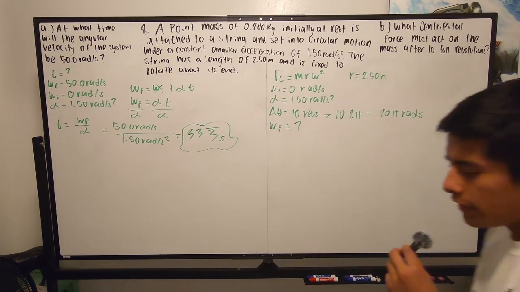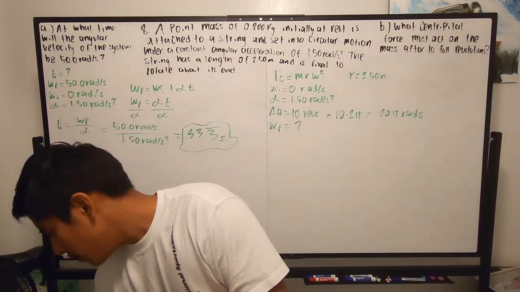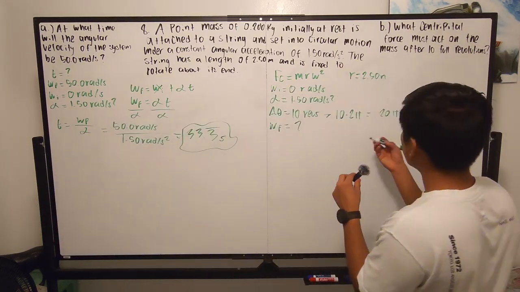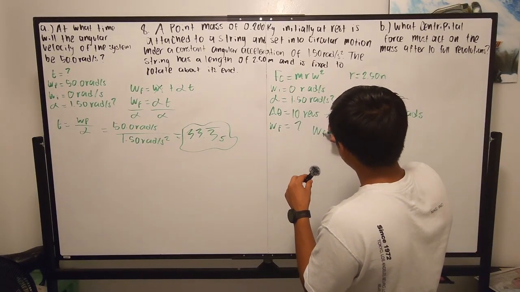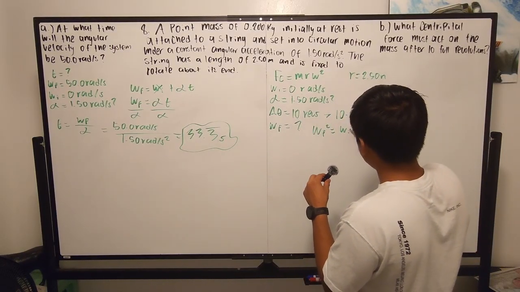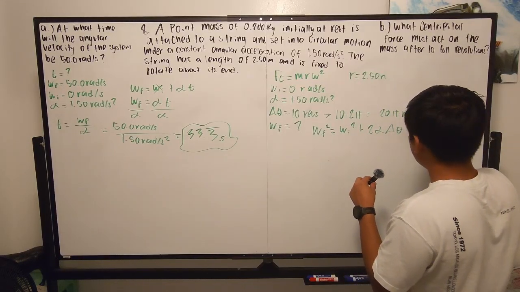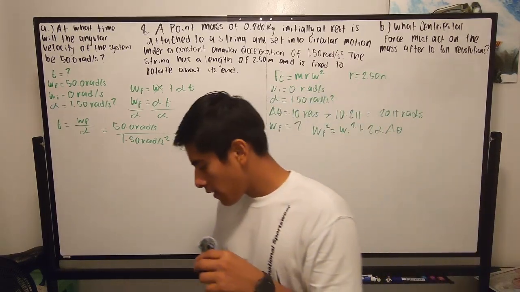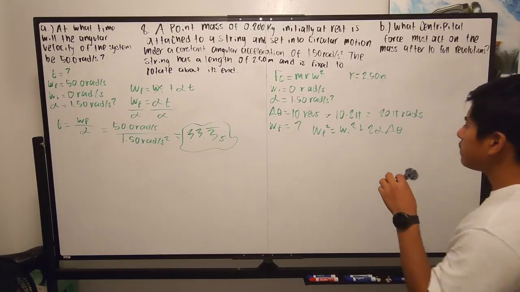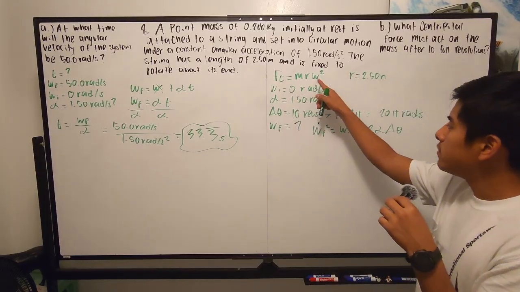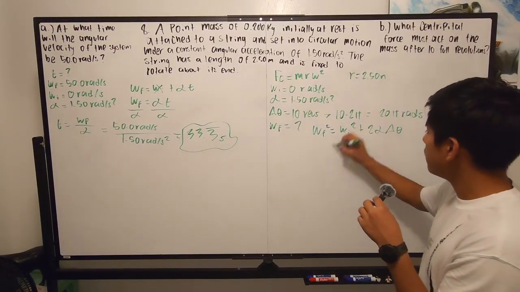So to get the omega final, I'm going to use the equation omega final squared equals omega initial squared plus 2 alpha delta theta. Since we know that omega initial is equal to 0 radians per second, we cross that out.